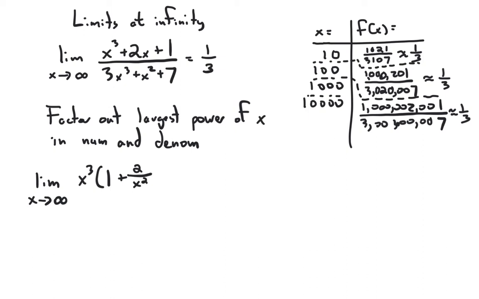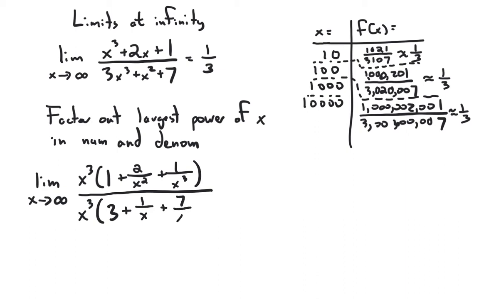And you can check that that's correct. If I multiply x cubed by 2 over x squared, I get 2x back. And similarly here, I get 1 over x cubed. And in the denominator, I'm going to factor out that x cubed as well. And I'm going to get 3 plus 1 over x plus 7 over x cubed.